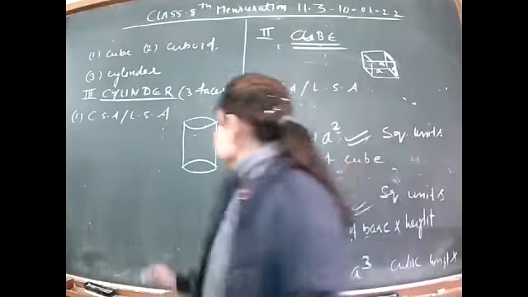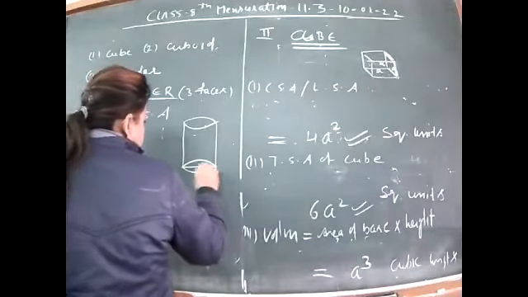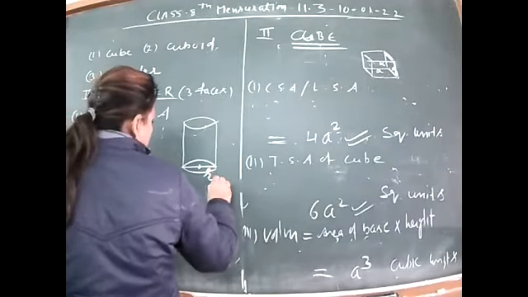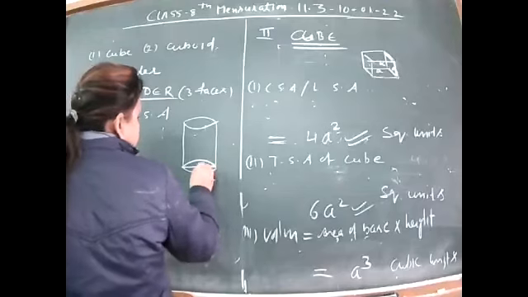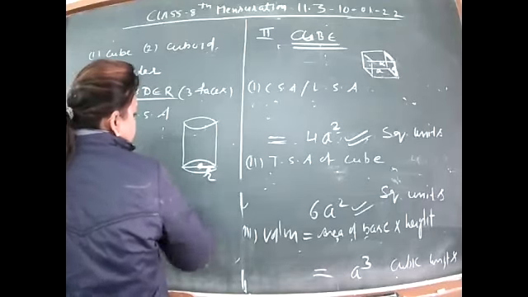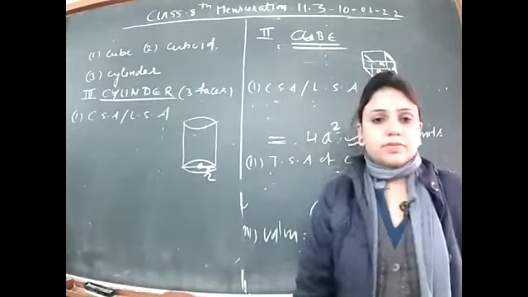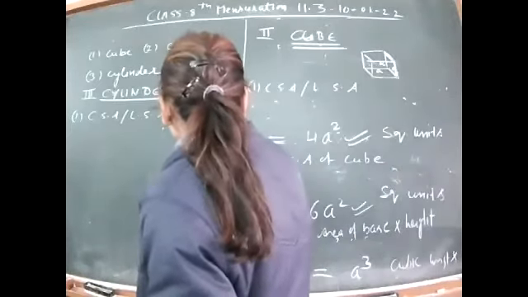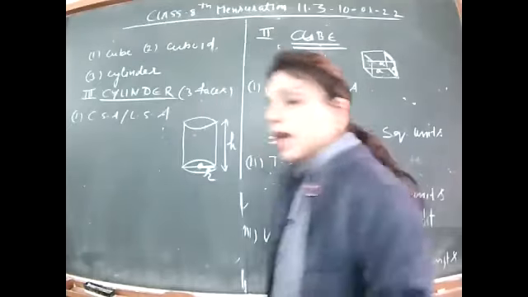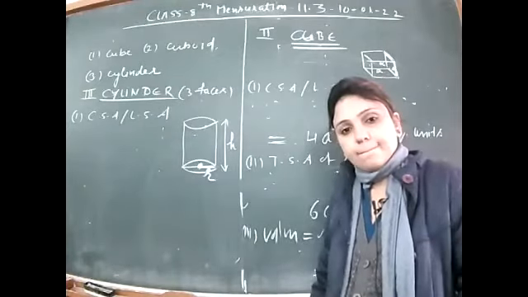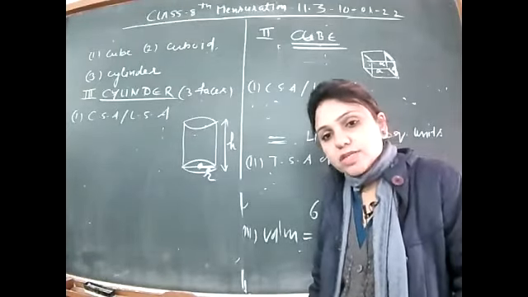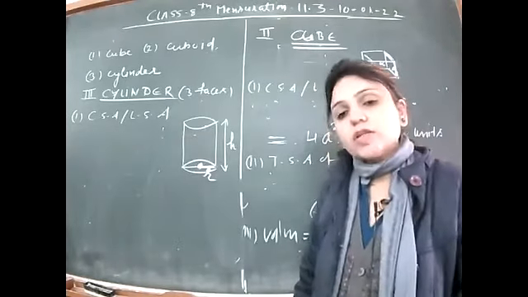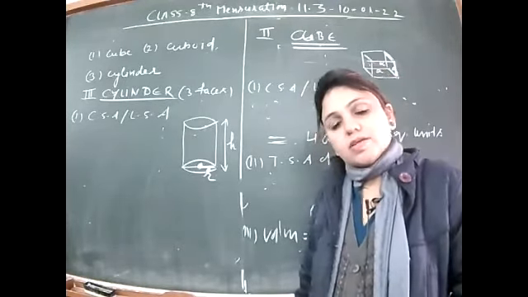One is R, the radius of the base. This is the center and this is the radius of the base. Another is the height. H is the height of the cylinder. We are going to discuss the curved surface area or the lateral surface area of the cylinder.